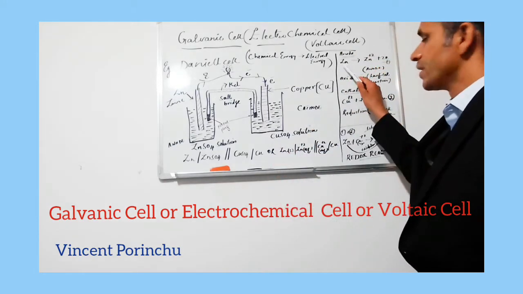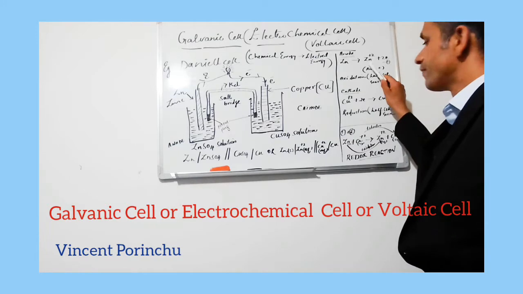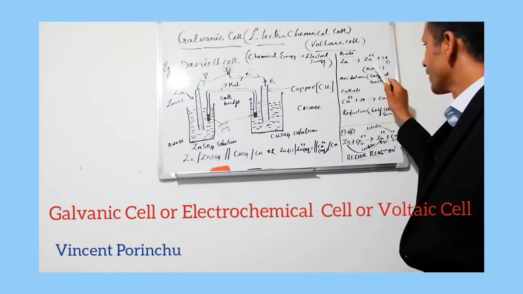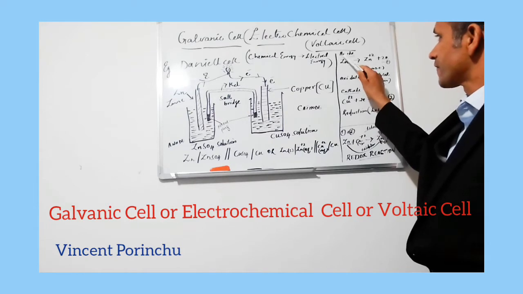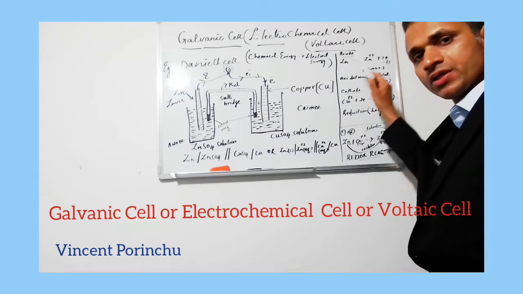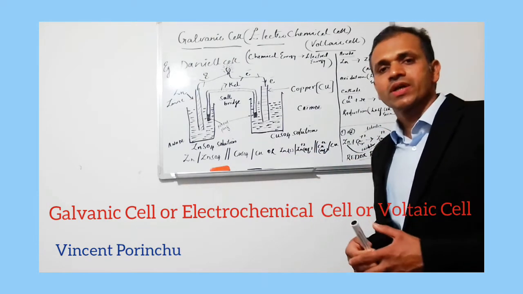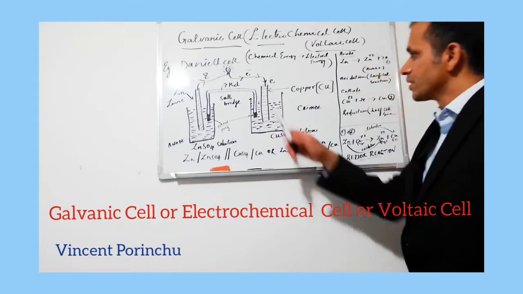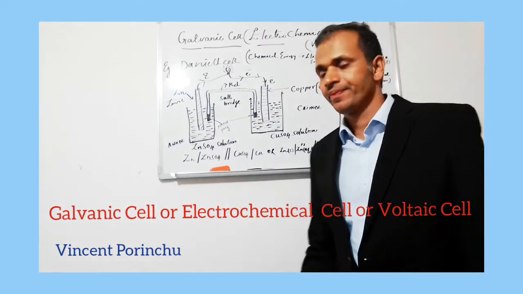At the anode, zinc loses two electrons and forms Zn2+. In that reaction, the oxidation number of zinc changes from 0 to +2. So there is an increase in oxidation number, and that reaction is known as oxidation. So at the anode, oxidation takes place.